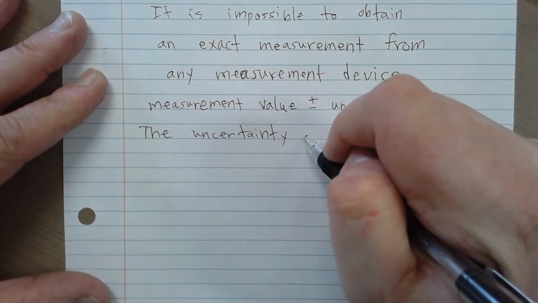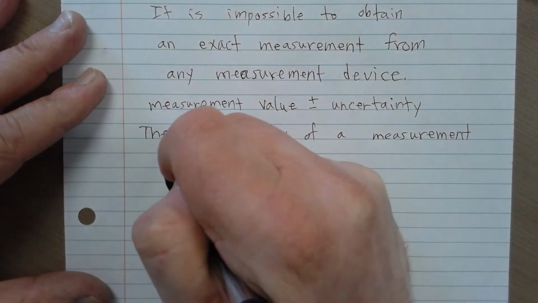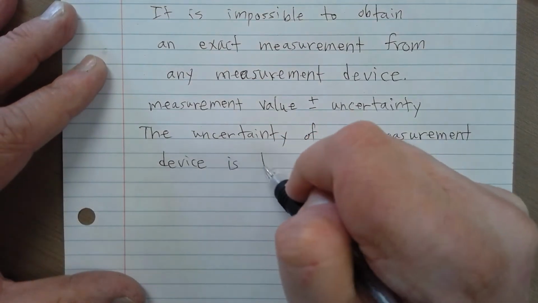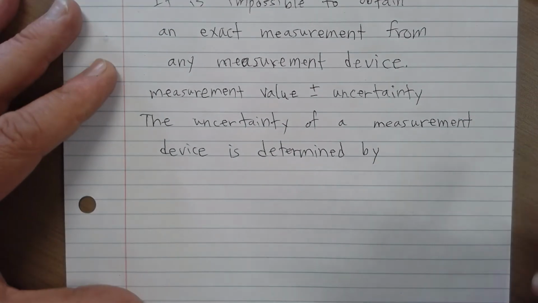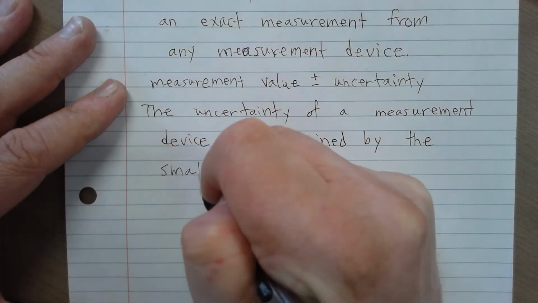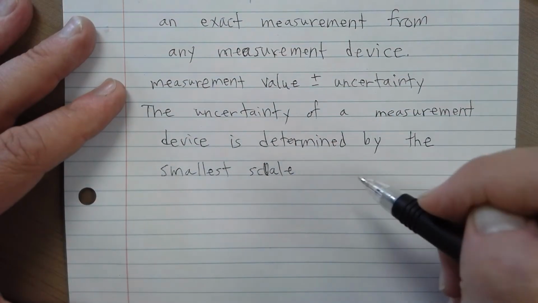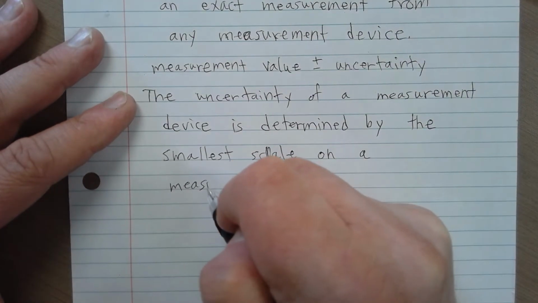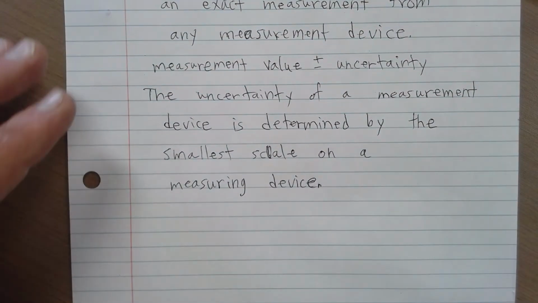The uncertainty of a measurement device is determined by the smallest scale on a measuring device.